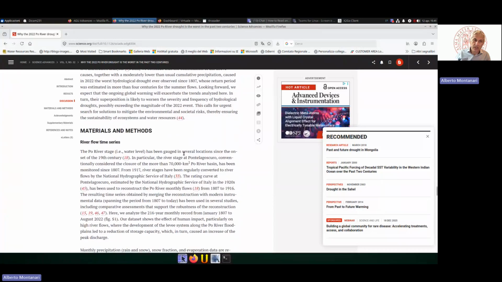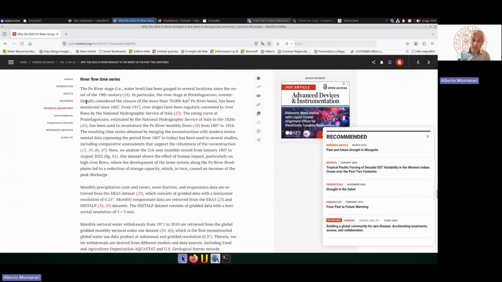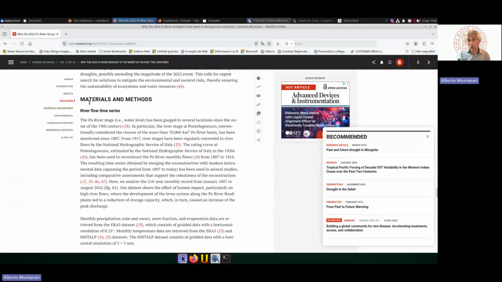You see that here there are the materials and methods. I already anticipated to you, this is the format of these journals. They want the presentation of the results soon because they want to keep the attention of the reader, and then the presentation of materials and methods follows later. So they assume that the interested reader will continue.